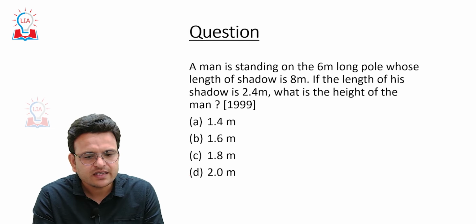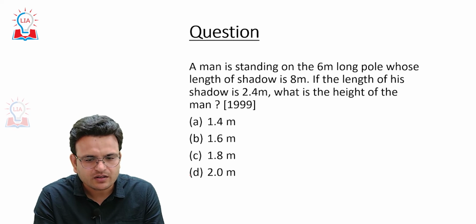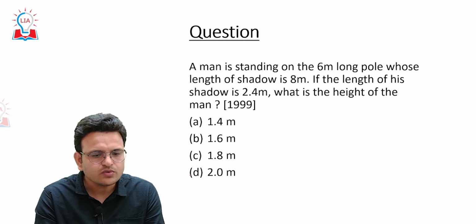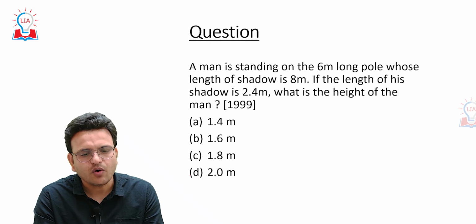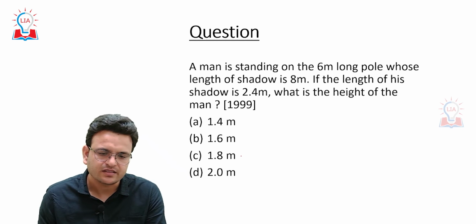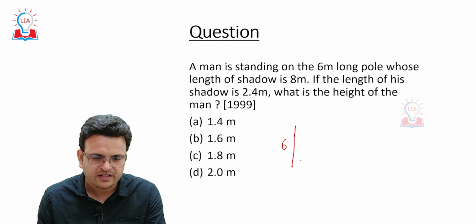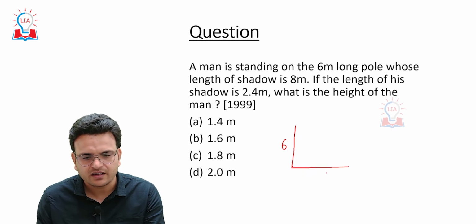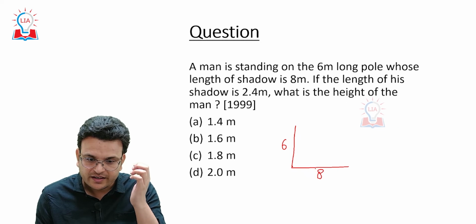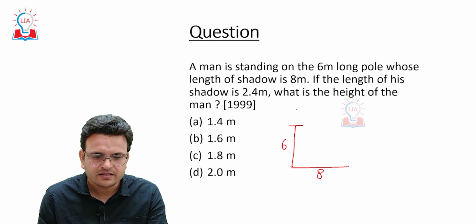A man is standing on a 6 meter long pole whose length of shadow is 8 meter. We can see that 6 meter, and the length of shadow is 8 meter. Here one person is standing.